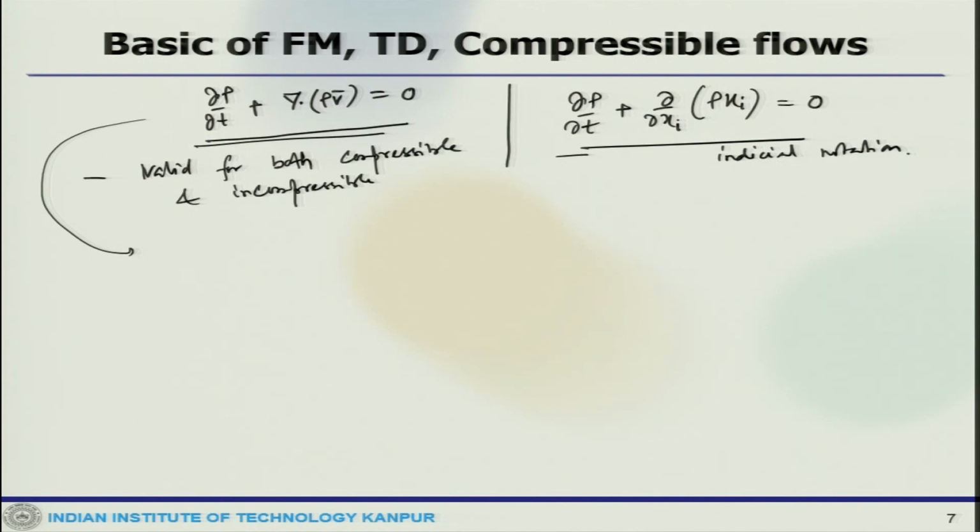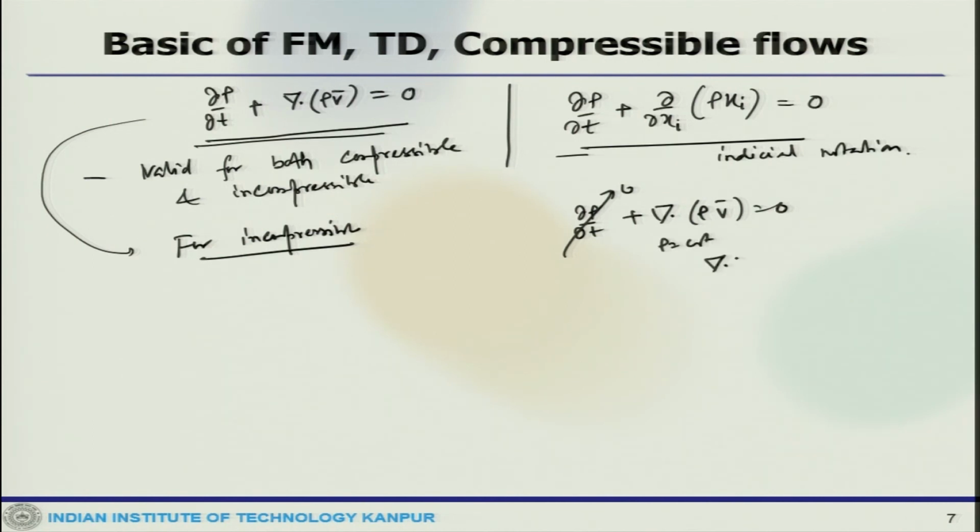For incompressible flow, you write down this and you say this goes to 0, then density is constant. So, this becomes del dot V equals 0. This is not the correct way of doing or deriving that equation.